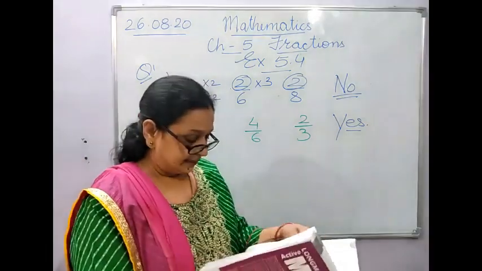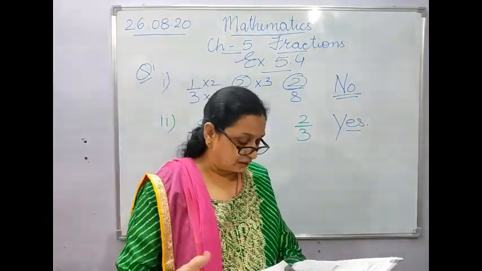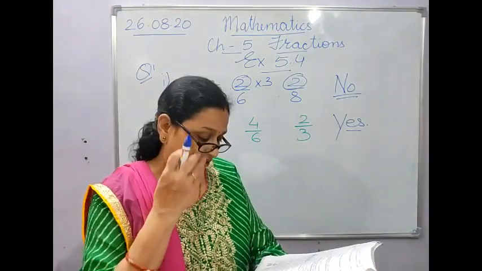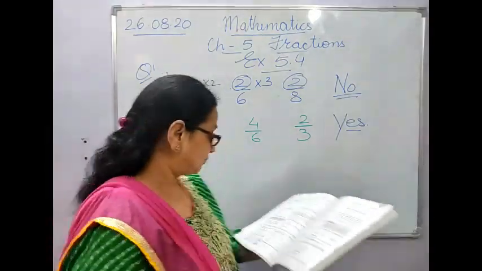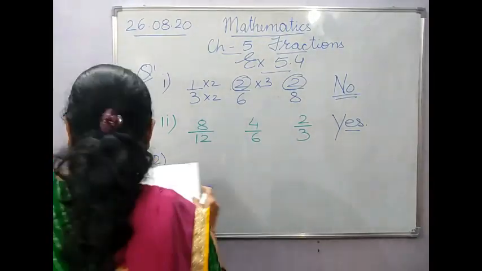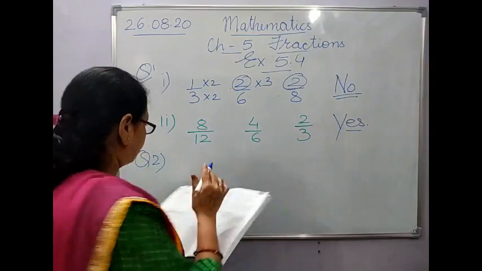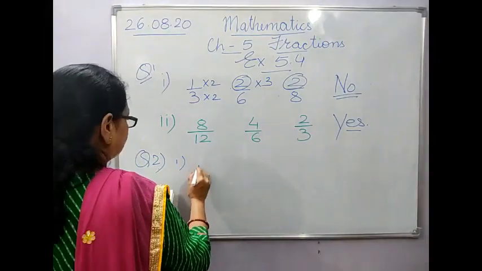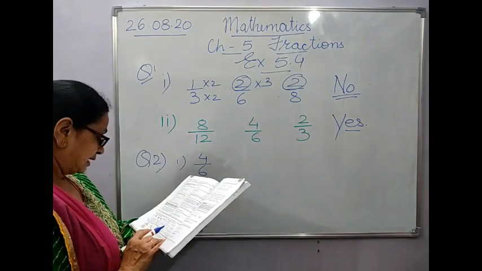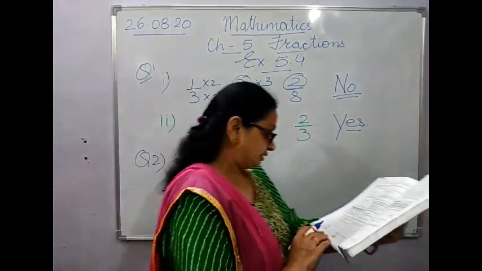Then match the boxes whose shaded part represents the equivalent fractions. This is question number 2. In the first one, it is 6 parts, out of which 4 are shaded, and you have to match this.